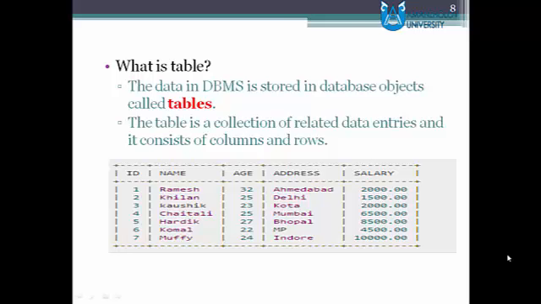For example, the columns of our table are ID, name, age, address, and salary, and our table consists of 7 rows. First row about Ramesh, second row about Helen, and so on.